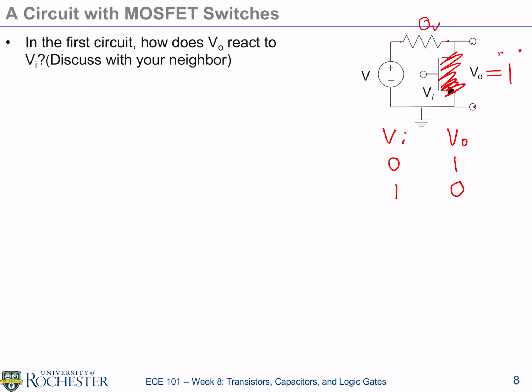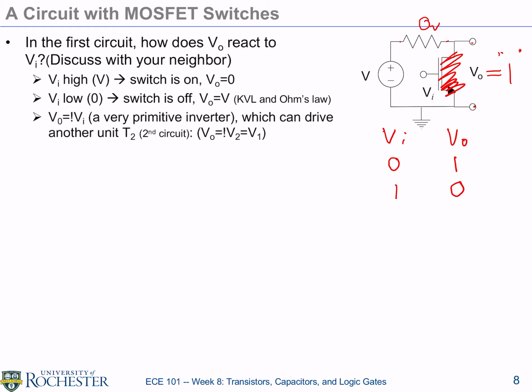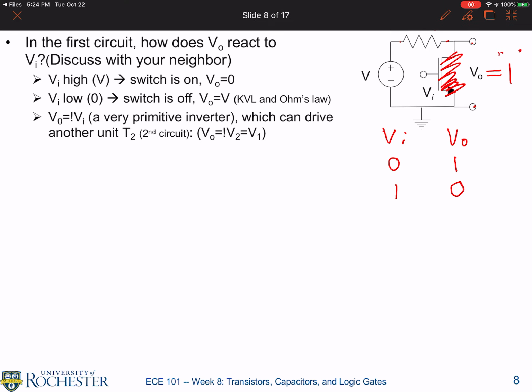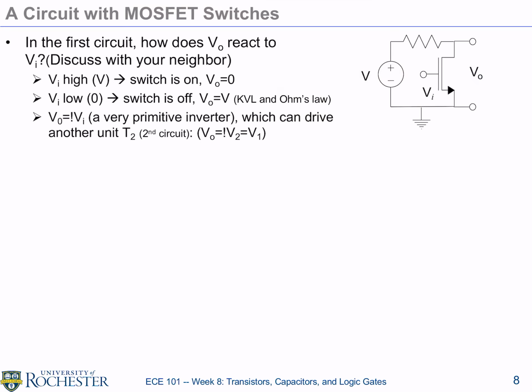If we abstract away the voltages and the current, this is a piece of logic that we can use to build more complicated logic. So that's what it is. If we ignore the detail, this is an inverter.